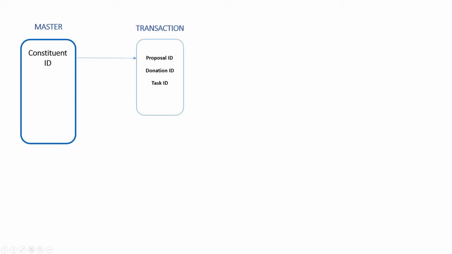The difference between robust and simple is that in the simple model, you are not able to associate a proposal with any other type of transaction because you can't associate an entry in the table with another entry in the same table. This means you cannot associate a task or another note or a gift with a proposal in this transaction table. And again, software products that manage major gifts in this format include eTapestry and Bloomerang.